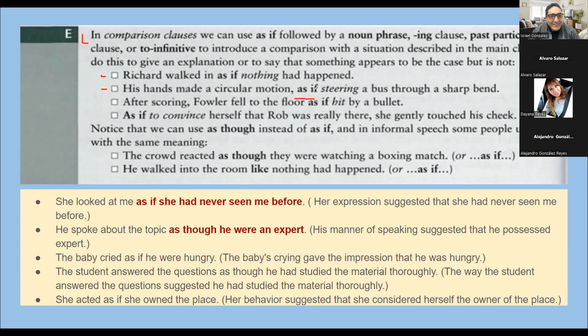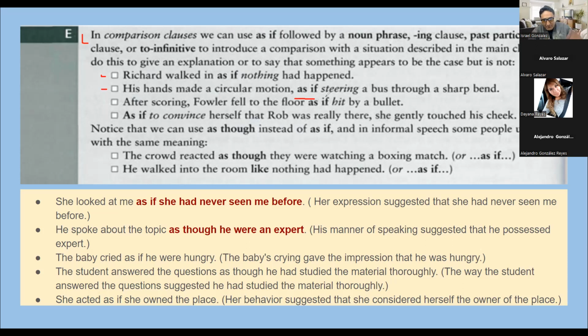So he made this circular movement, really big, but the real thing is that it was just a small car. That is why we use as if, because it is just your imagination. It was your perception, but not the real thing.